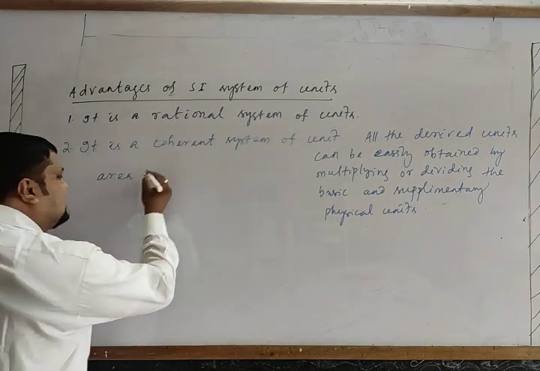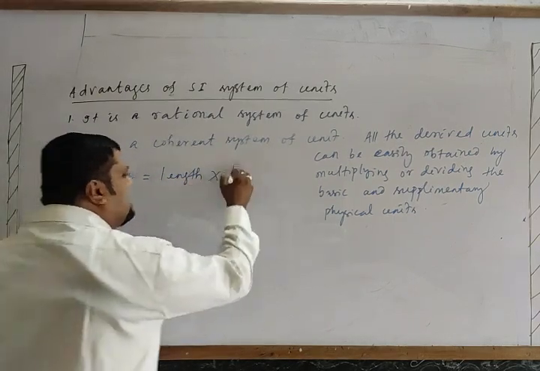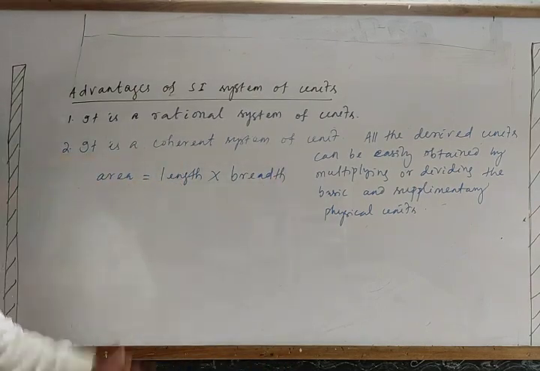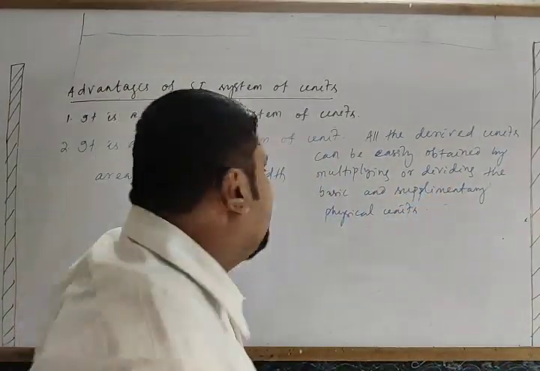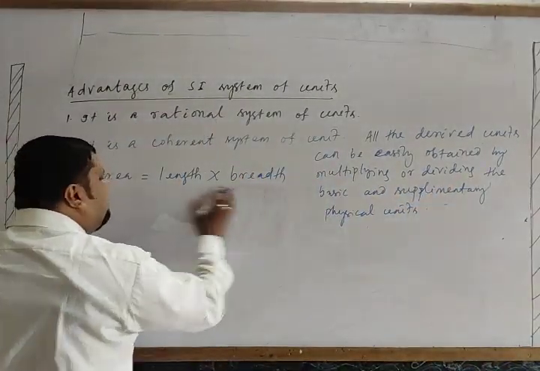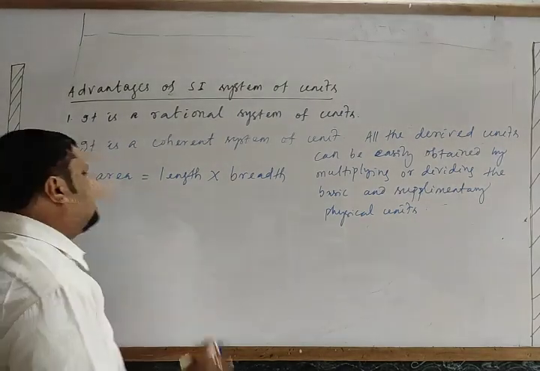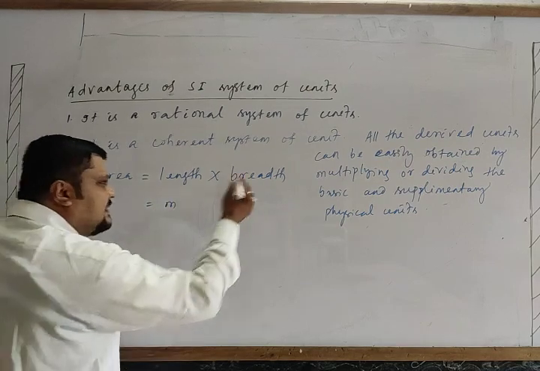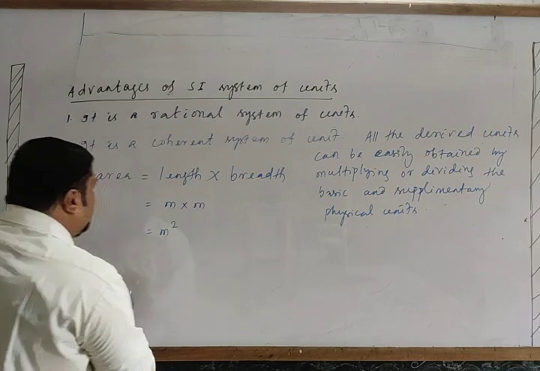When you calculate, area is equal to length into breadth, or length square. So area is the multiplication of two lengths. Length is measured in meter and breadth is also measured in meter, so I can write this as meter square.